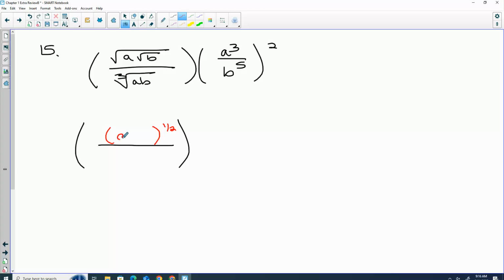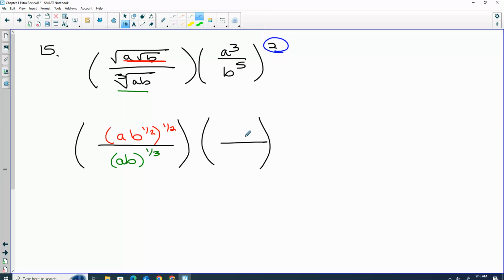So then I have an a, and then the b was under its own square root, so that's like an ab to the 1/2. So that's representing this piece. On the denominator, that whole thing was under a cube root, so that would be ab to what power? Okay, and this one. All we have to do is take our square to both.